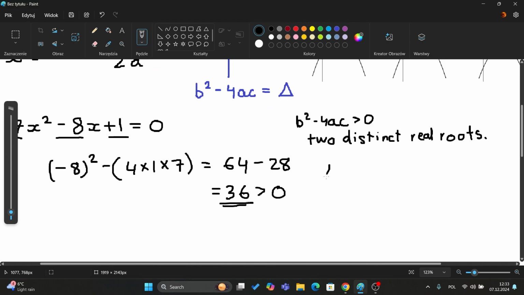If our value of b squared minus 4ac is equal to 0, then we have equal roots, and if b squared minus 4ac is smaller than 0, then we have no real roots.